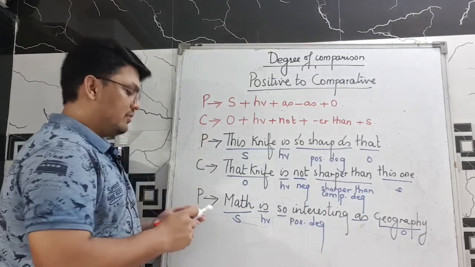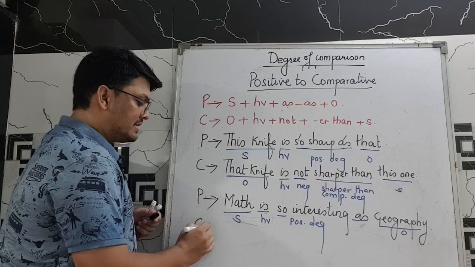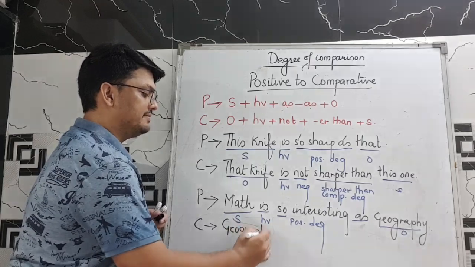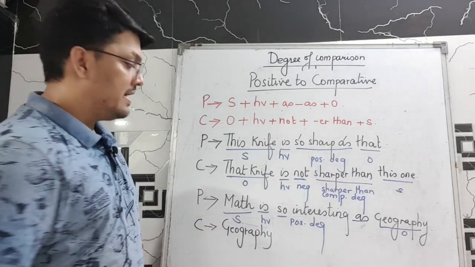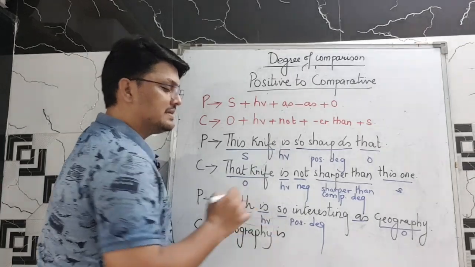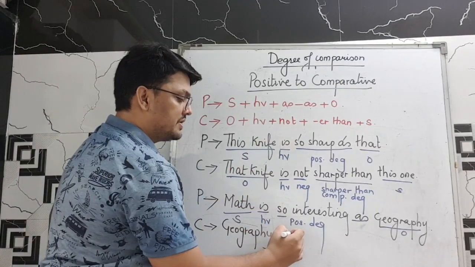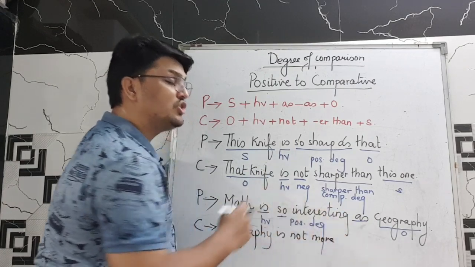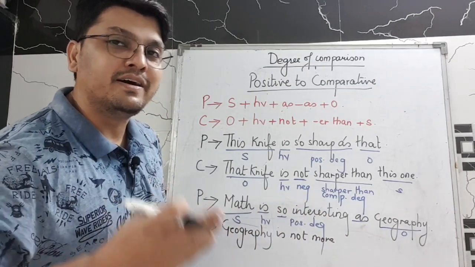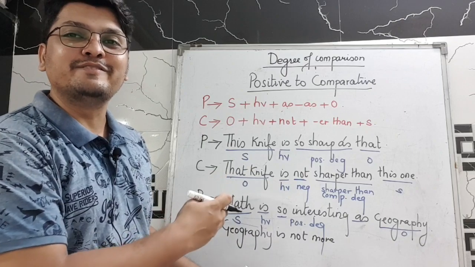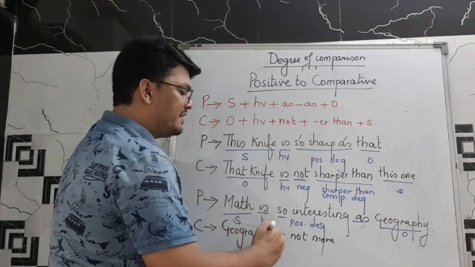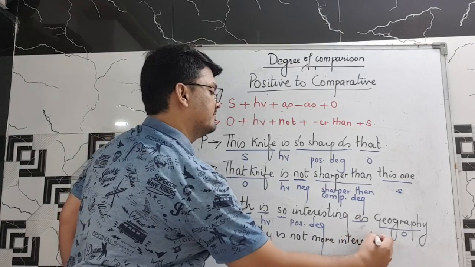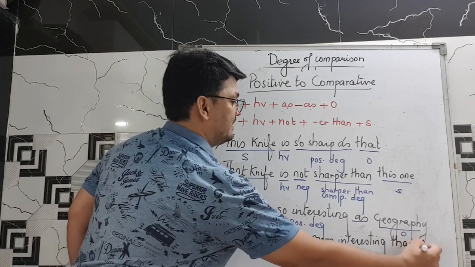We'll follow the structure. According to the structure, the object comes first here. So geography will come here. Geography, singular, is. Not. So interesting as will turn into more interesting, because I cannot change interesting into interestinger, as this adjective is two or more syllables. So geography is not more interesting than math.